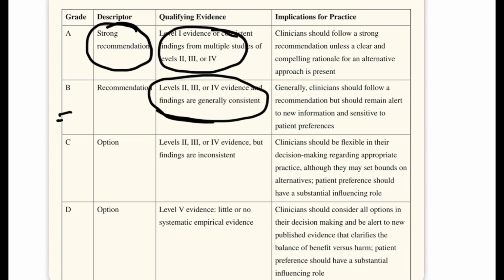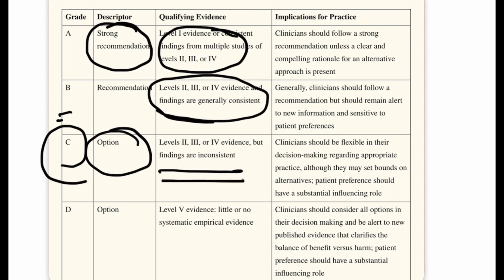Now, grade C is actually not a recommendation, it is an option. This is also based on level 2, level 3 or level 4 evidences, but findings are inconsistent. So we don't have a consistent finding on this. Grade D recommendation is again based on weak evidences, right?